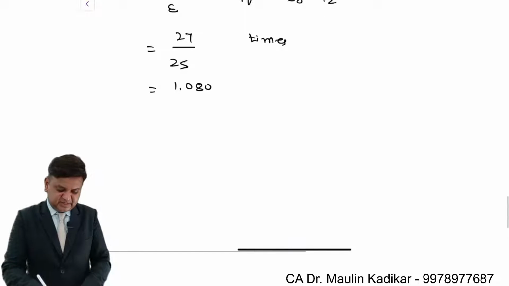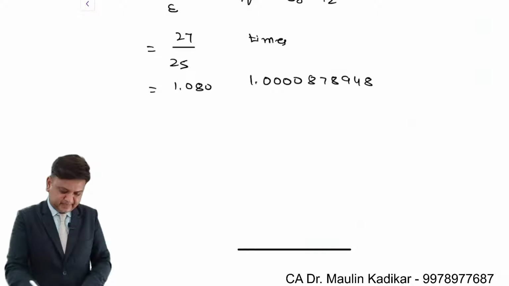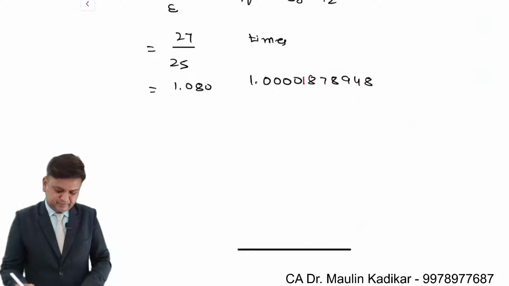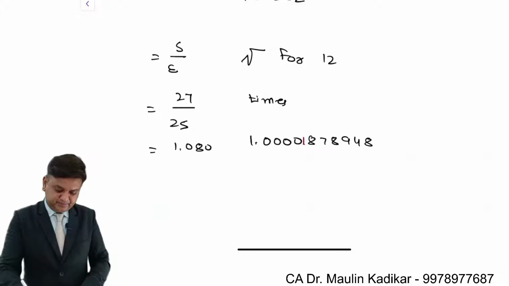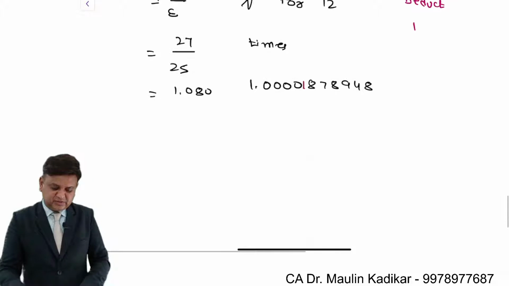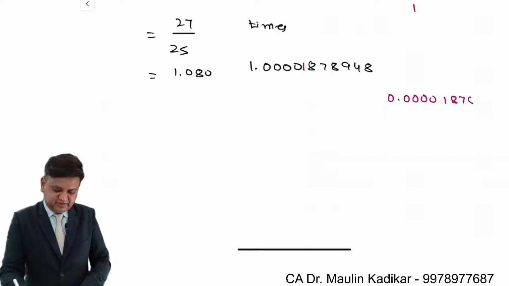So the answer which I am getting is 1.1234 1878948. Afterwards we are required to deduct 1 from it. So we have the value 0.1234 1878948.